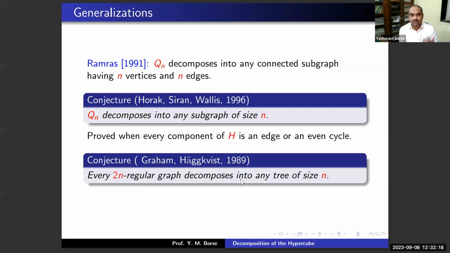Now, 2n-regular is more general than Ringel's conjecture. So this is still open. I think for stars or double stars, this conjecture has been proved in some papers, but it is still open to a large extent, a wildly open conjecture.